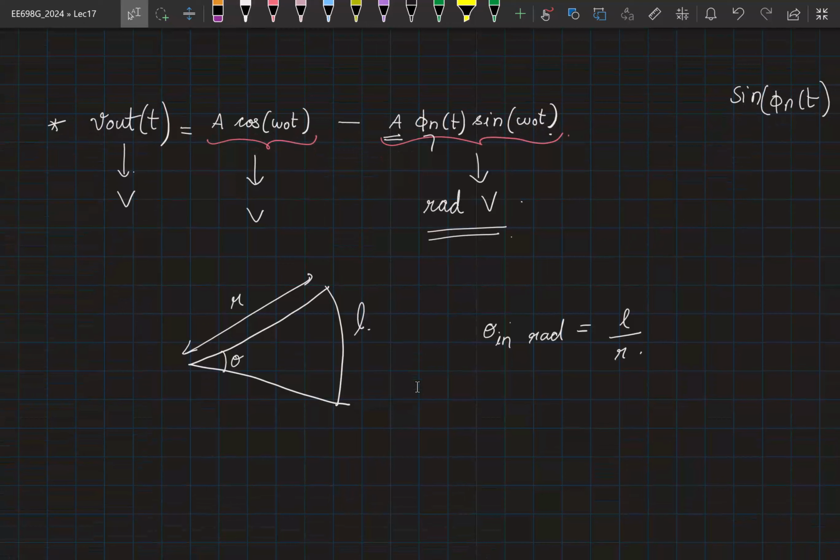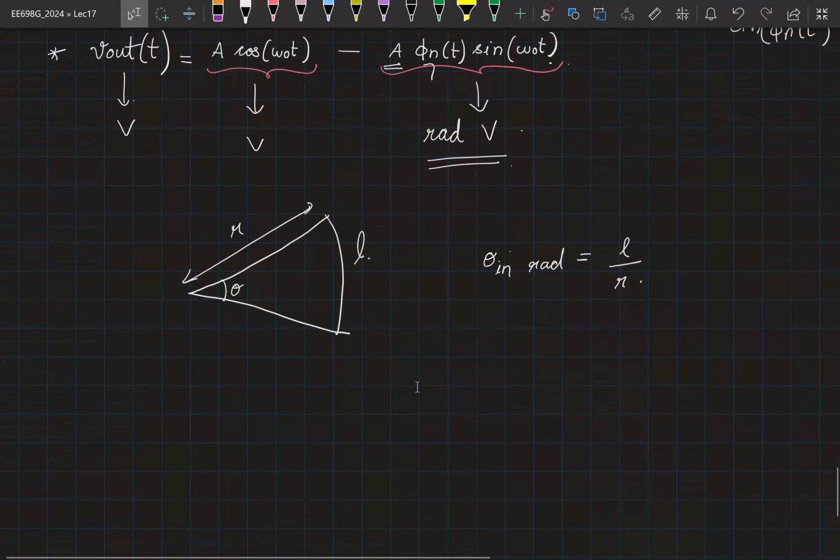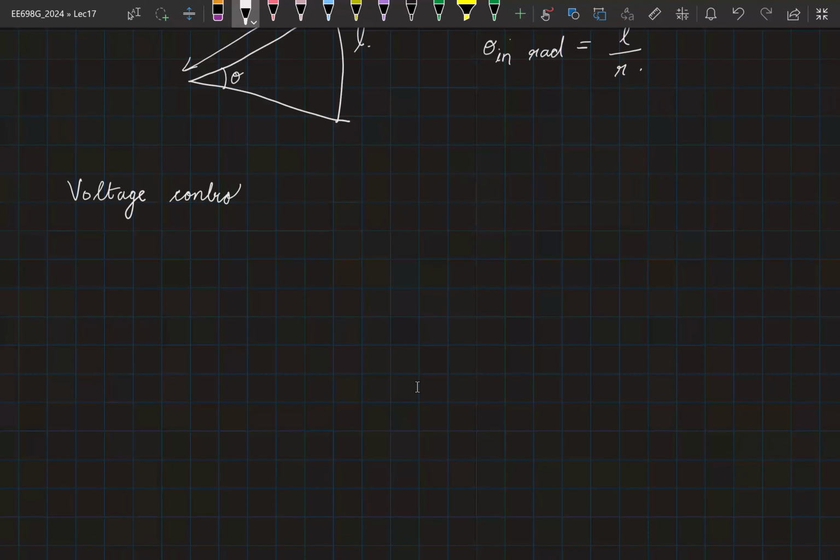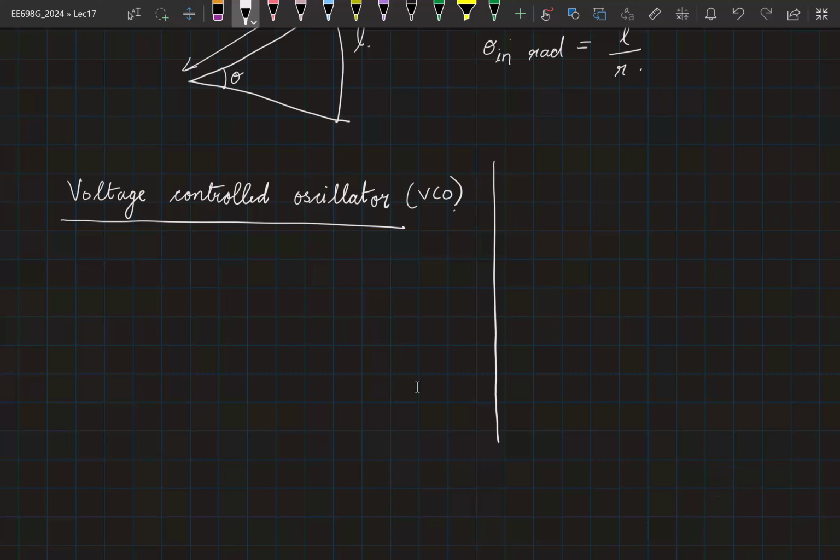Okay. So now let me introduce you to another circuit, but at a conceptual level now. The circuit we are going to see is a voltage controlled oscillator. In short, this is called a VCO. I'm going to draw parallels with the VCDL, which all of you are very familiar with.